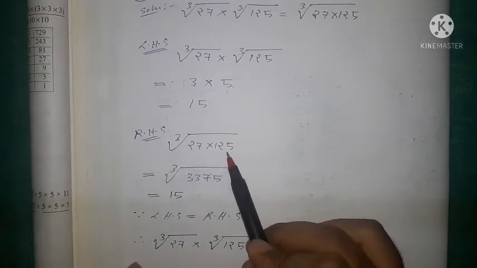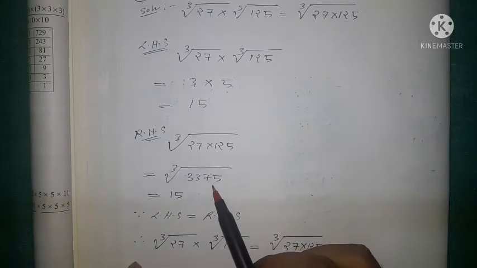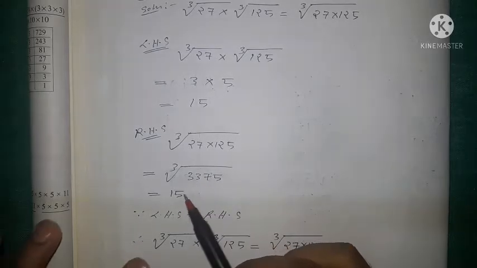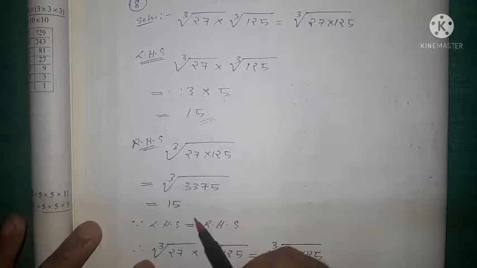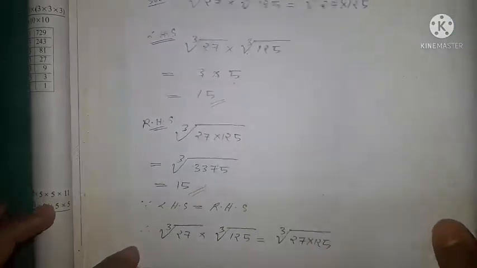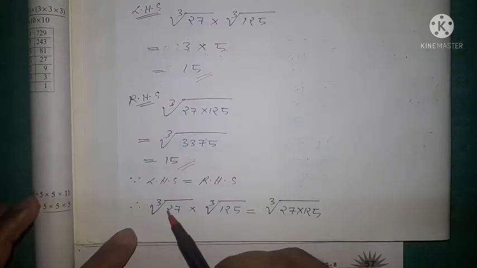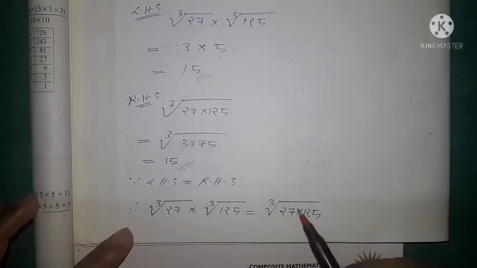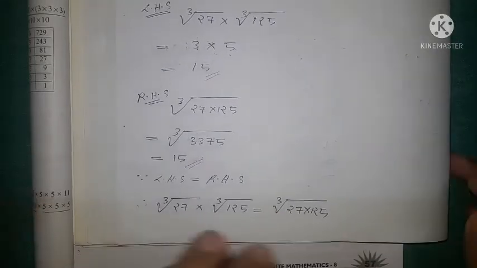So 27 into 125 is 3375. Again we know the cube root of 3375 is 15. As we can see, both in the LHS and RHS we obtain the same answer, that is 15. Since LHS equals to RHS, therefore we can write that cube root of 27 into cube root of 125 is equals to cube root of 27 into 125.